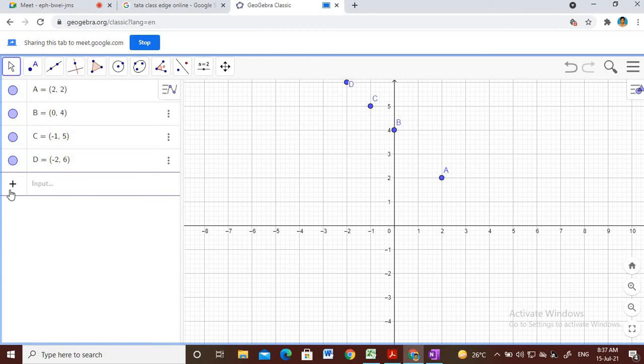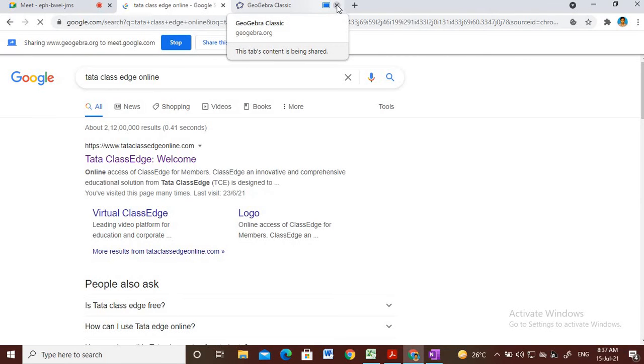Sir, (6, -2)? There are infinite solutions. You can write (4, 0), but some problem is going on here with this GeoGebra. Just wait a minute.